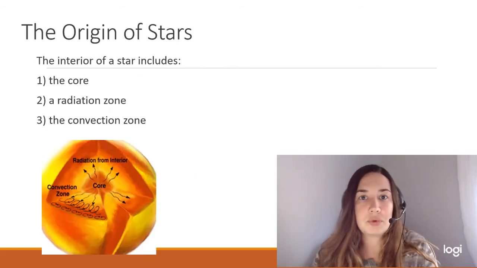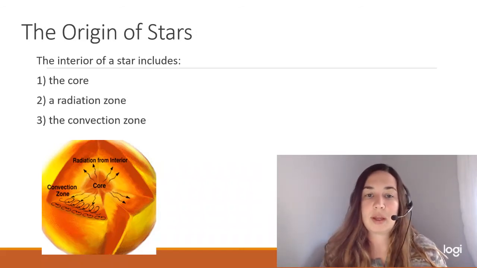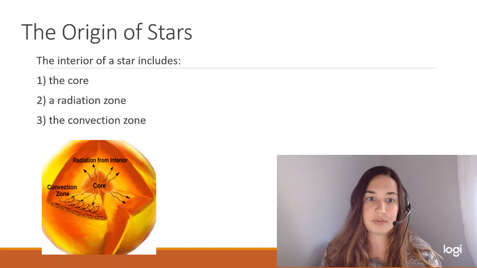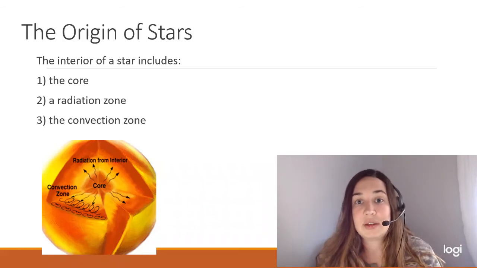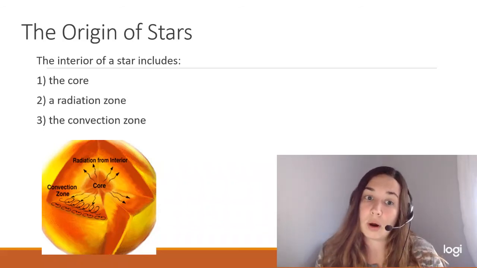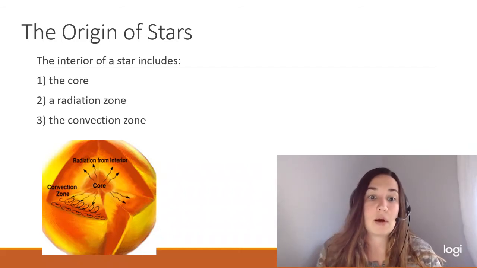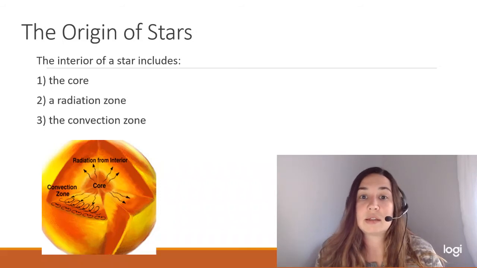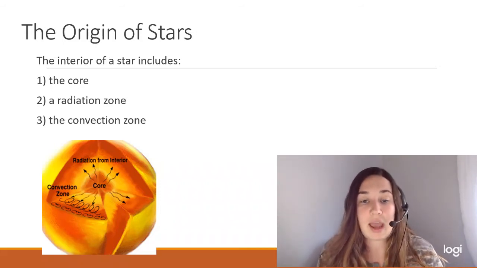And stars really have three main components when we're looking at what a star is made of. So if you're looking at the interior of a star, the inside of our star includes three different sections here. The first section is going to be the core, which is going to be located centrally in the middle of that star. The second part of our star includes the radiation zone, which is right on the outside of the core.